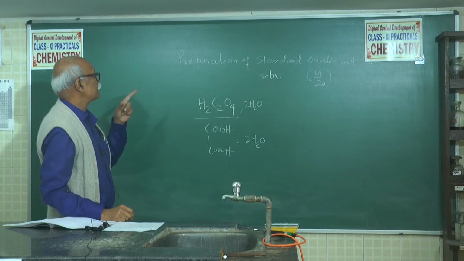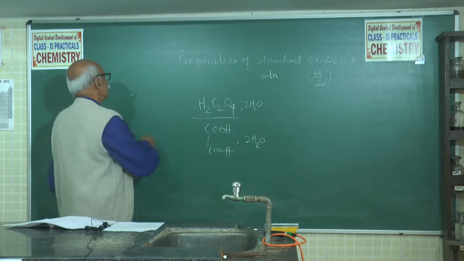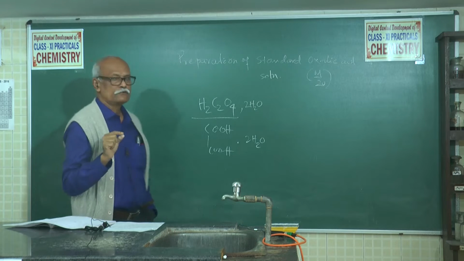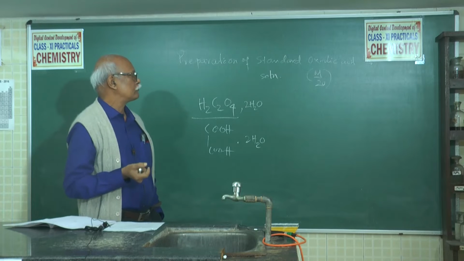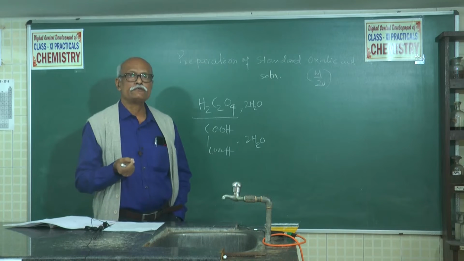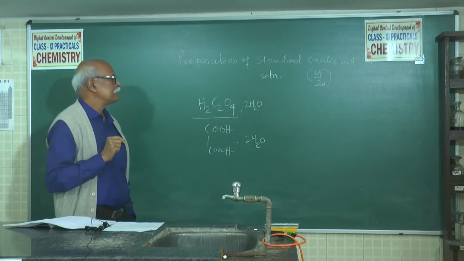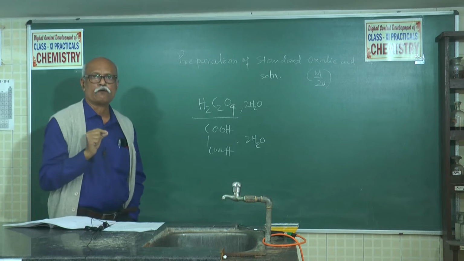In this case, we have to prepare a standard solution. Standard solution means of known strength. For a standard solution you have to use such a reagent which will be stable, pure, which will not decompose, and which has high molecular mass. High molecular mass means the weight can be much more accurate.